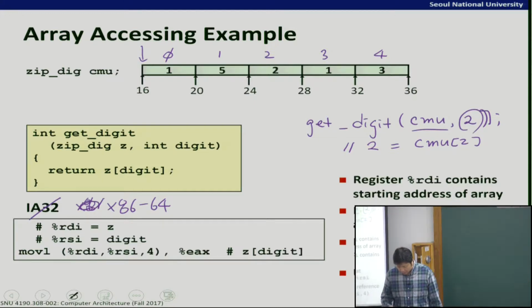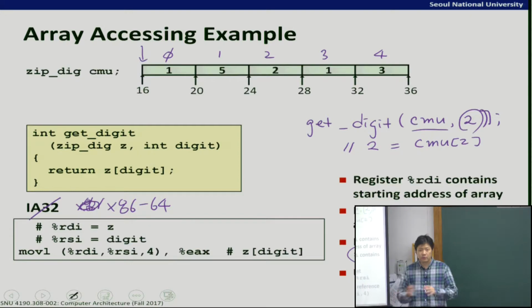So how can we calculate the pointer to the location we are referring to? Generally speaking, the address of the memory location we want to access is the base address, the first argument, plus 4 times RSI.